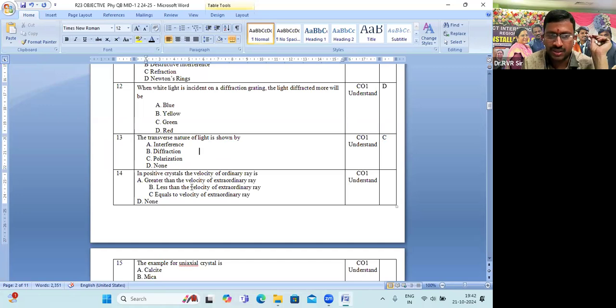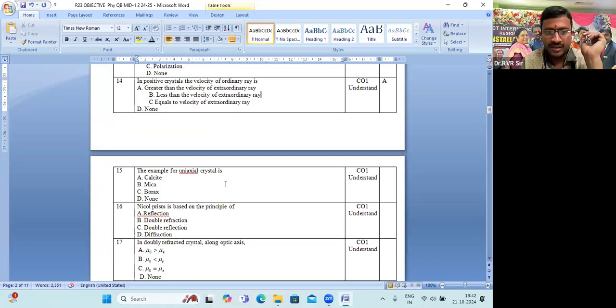In the positive crystals, the velocity of ordinary ray is, so here the positive crystals and the negative crystals, the option is greater than the velocity of extraordinary ray. The example for uniaxial crystal is, already we discussed it in our classroom. The uniaxial crystal, the best example is calcite crystal.